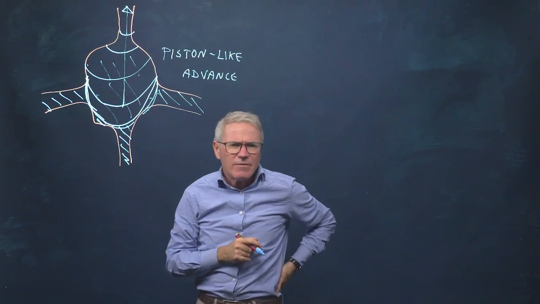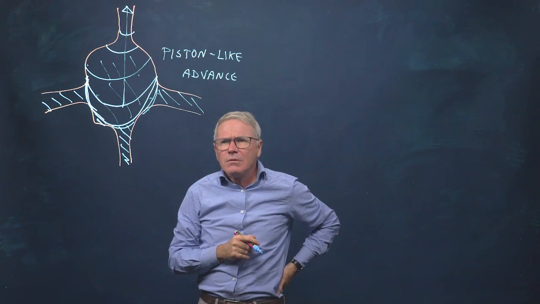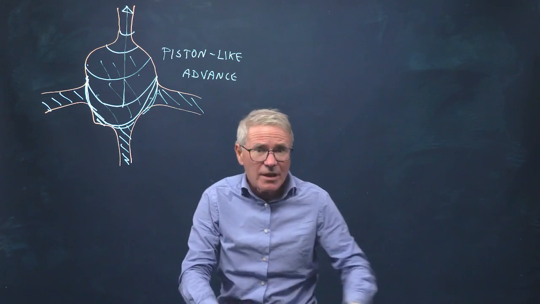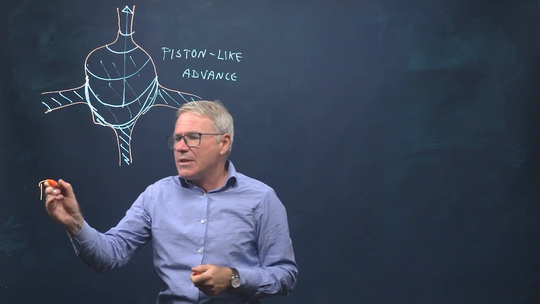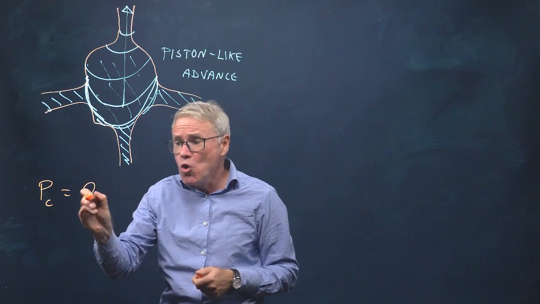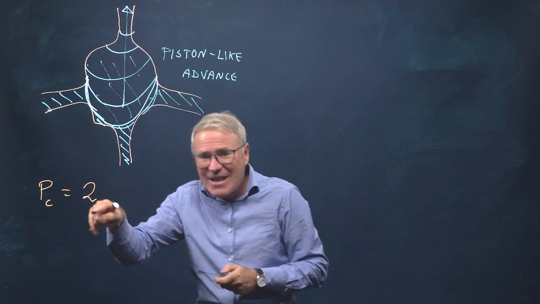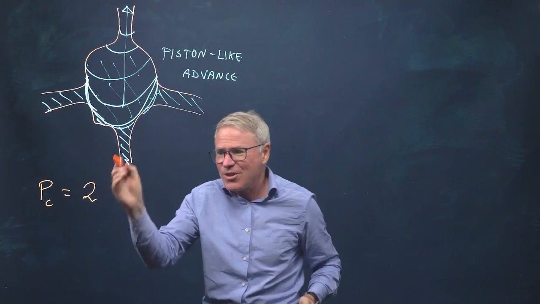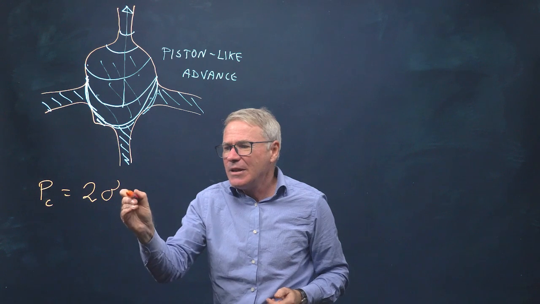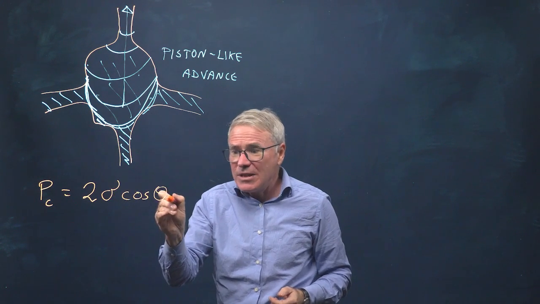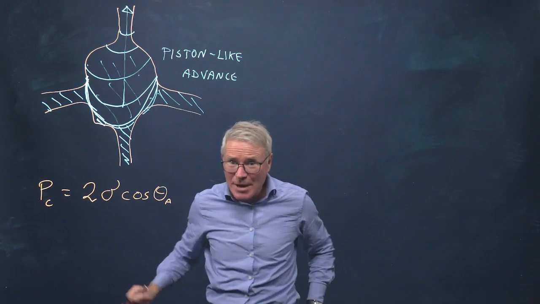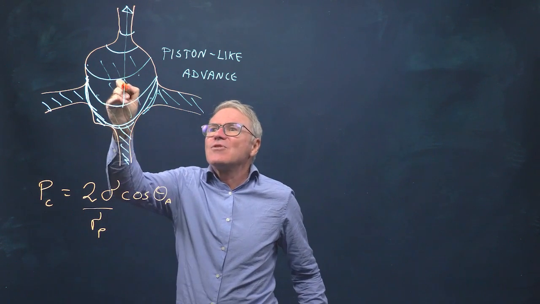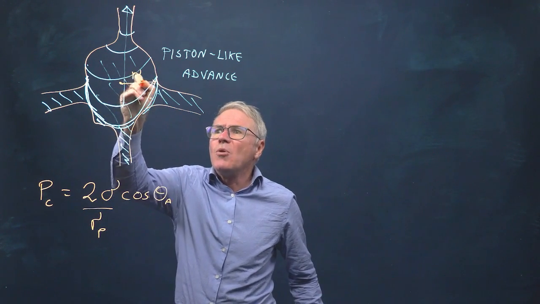So this piston-like advance, well, roughly speaking, the capillary pressure for this, PC, is 2 sigma. In piston-like advance, there's curvature in both directions. So it's 2 sigma, roughly speaking, cos theta. Yes, it's the advancing angle, but that's true of snap-off as well. And we've divided by the inscribed radius of the pore.